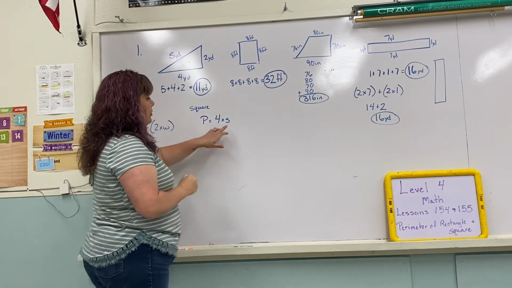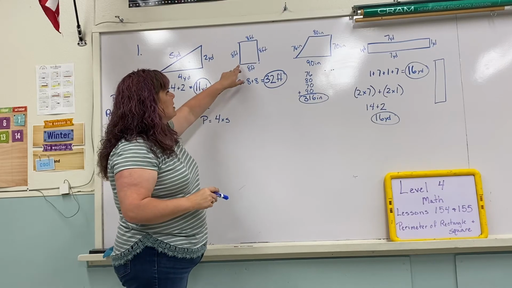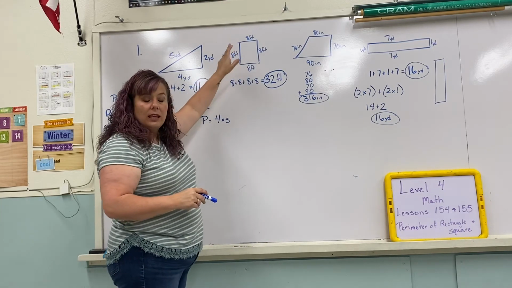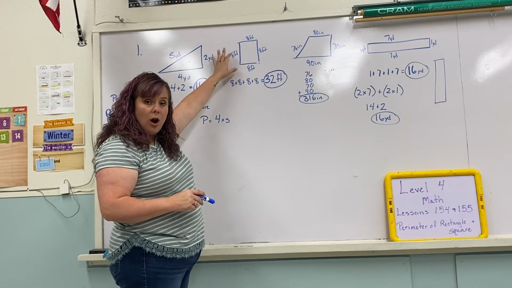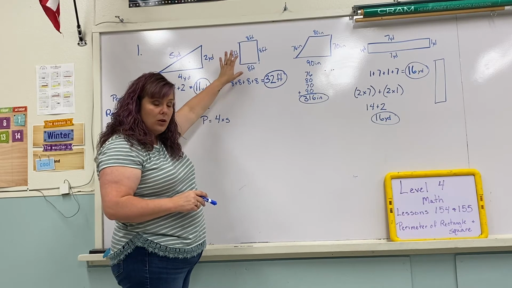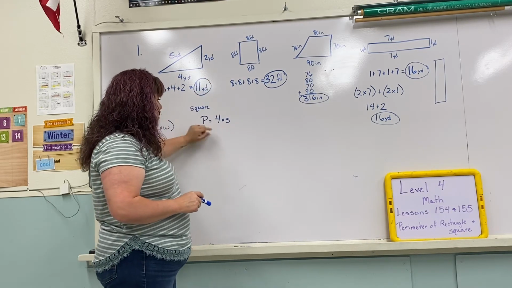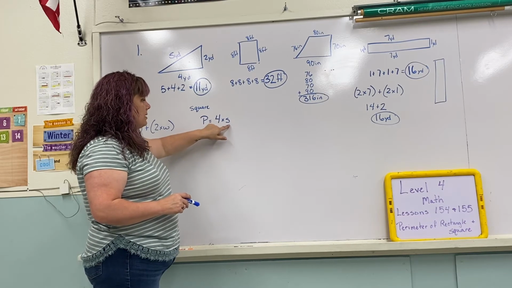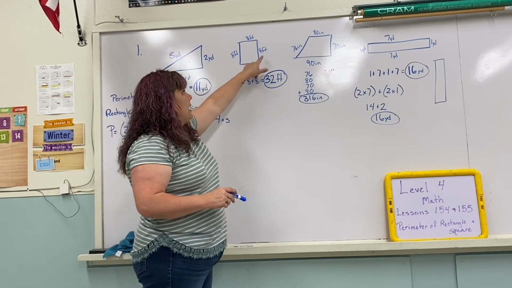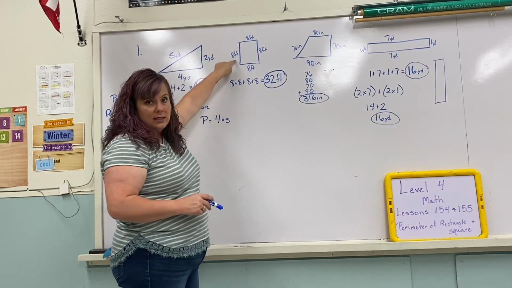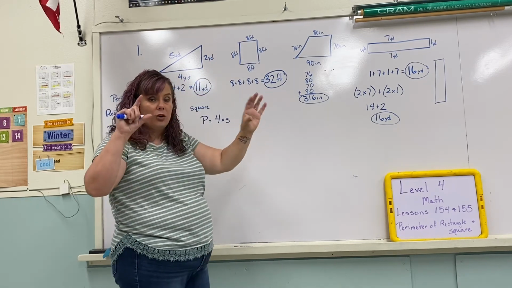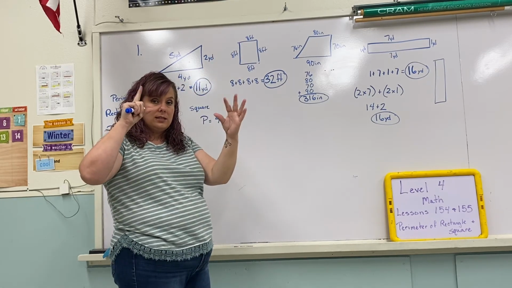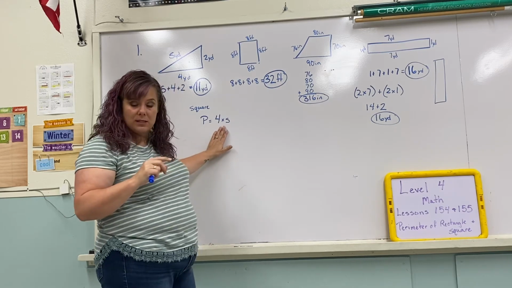That S is for side. There isn't a length and a width in a square, because in a square, all 4 sides are the same. So the formula for the perimeter, P, of a square, is 4 times side, because this is a side, this is a side, this is a side, this is a side. There's no length that's longer or width, they're all the same side, okay?